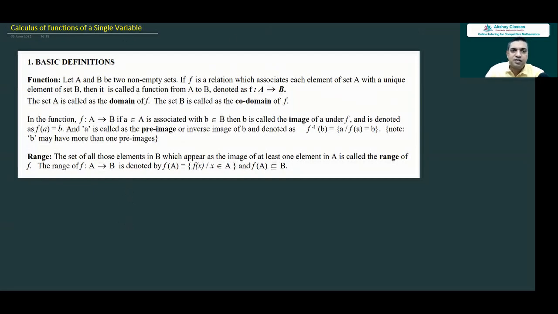So let us consider two sets, set A and set B. In very simple terms, you have some elements here, say X1, X2, X3.